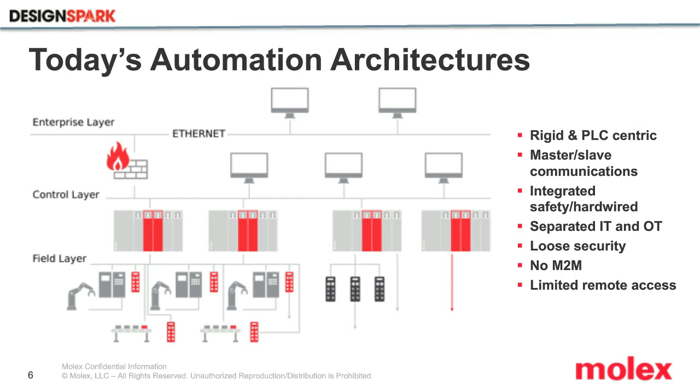On the OT, you have the control level with MES systems and visualization systems talking to the PLCs, which is the brain of the line or the brain of the machine. And at the field level below, robots, drives, sensors, and vision systems act as the arms and the eyes of the PLC. So these systems are strongly organized in multiple layers with top-down or master-slave communication.